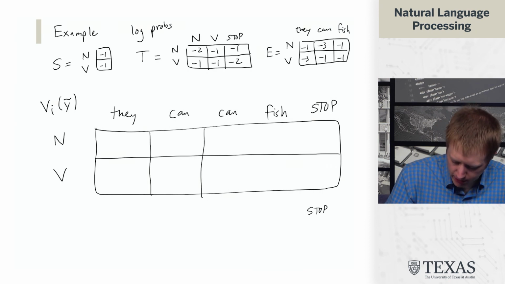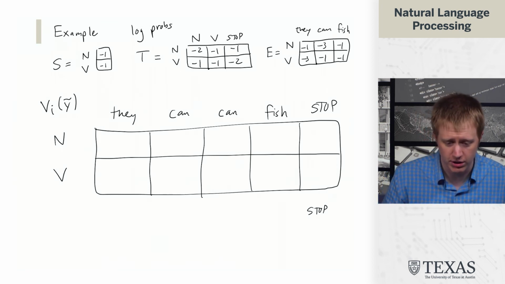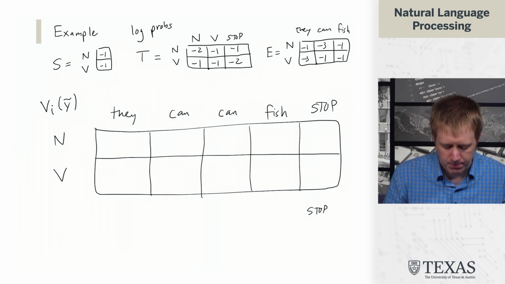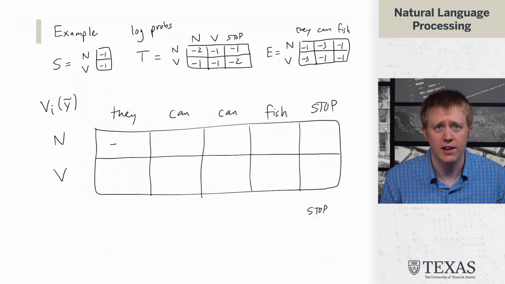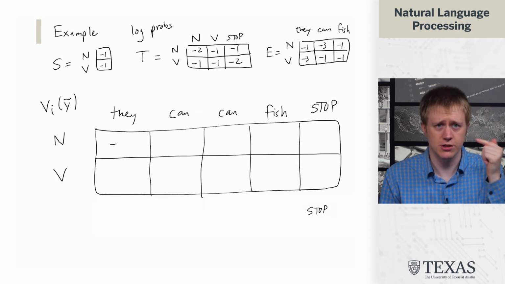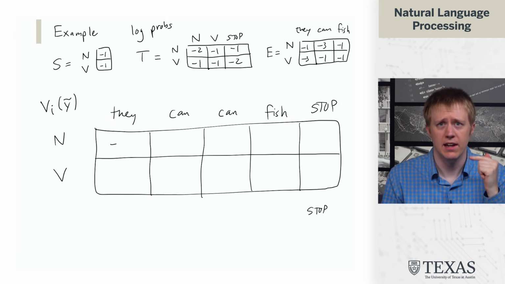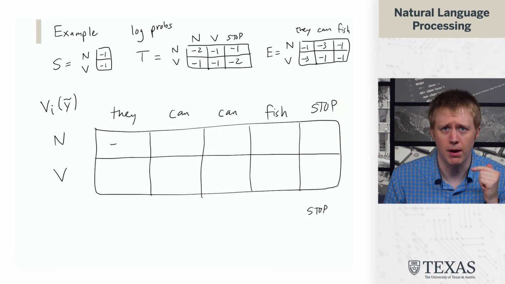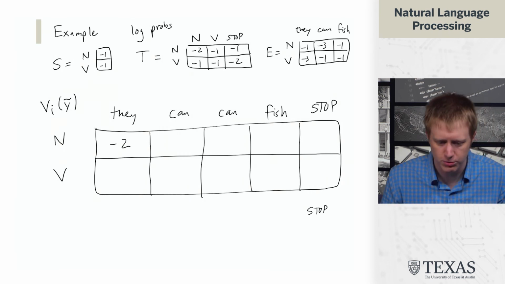So we're not going to go through all of this. It's a good exercise if you want to check your understanding. I'm just going to fill in the first two values here. So for the first cell, we have the initial probability of noun, which is -1, and then the emission probability of they given noun, which is also -1, giving you a -2.